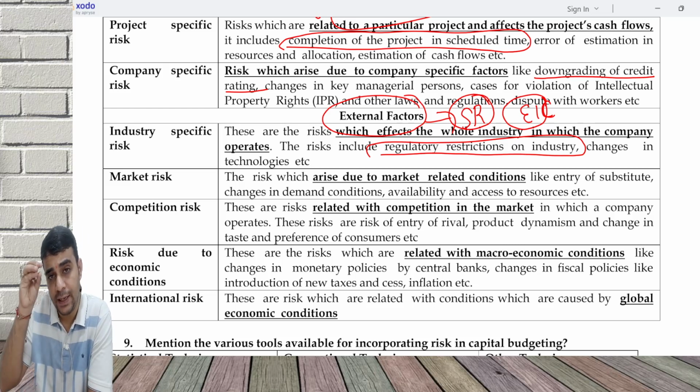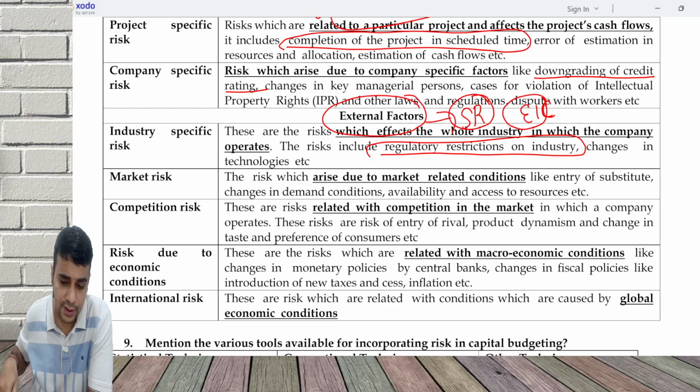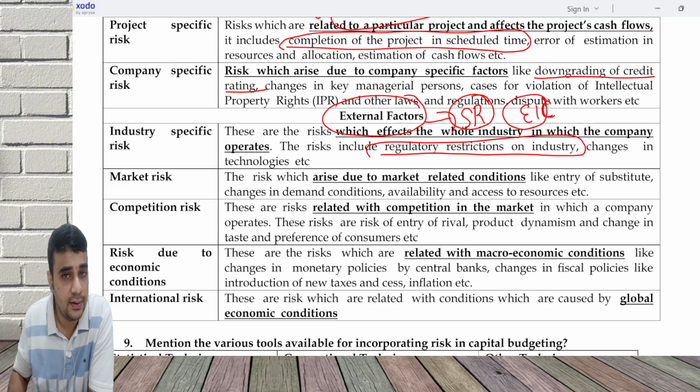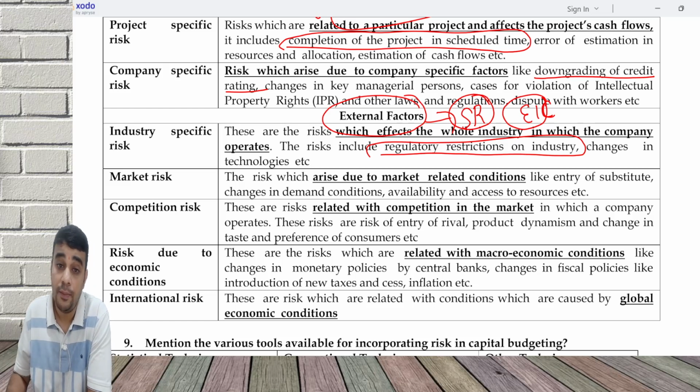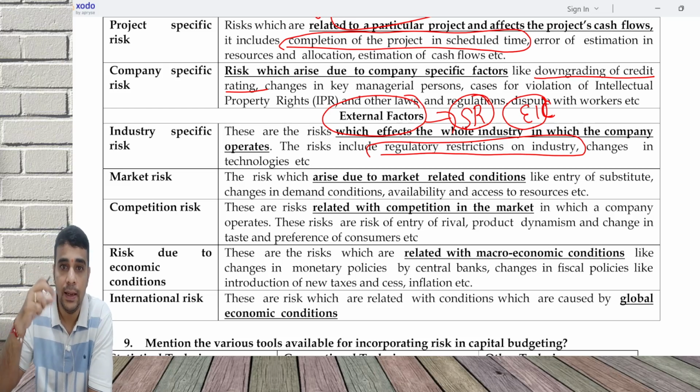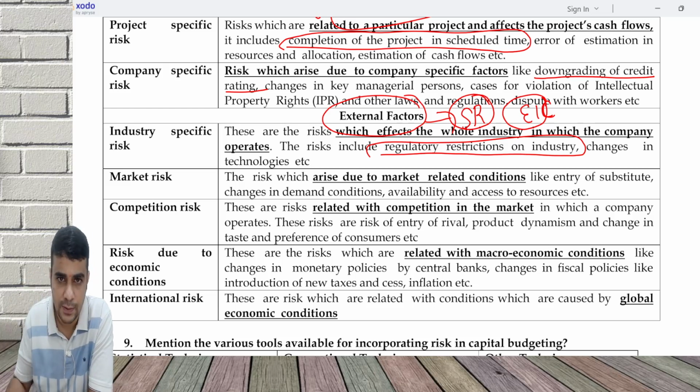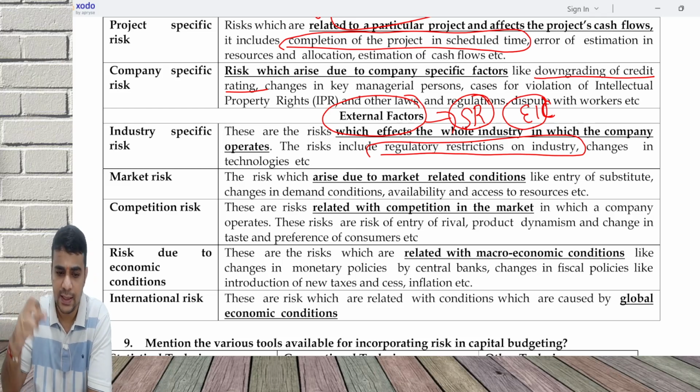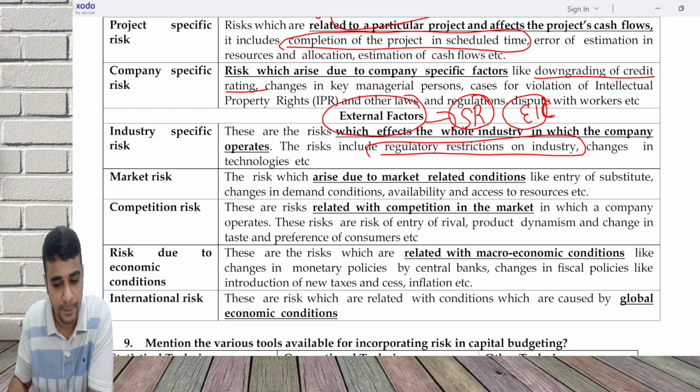If the government brings in extra restrictions, that can again impact the industry as a whole. The government can suddenly say that you cannot charge beyond a specific price, or on mobile number portability. That is a factor which they brought in, which led to a lot of service improvements for customers, but that's an important decision taken by them.